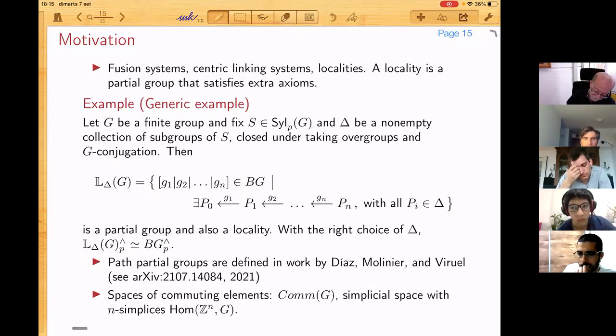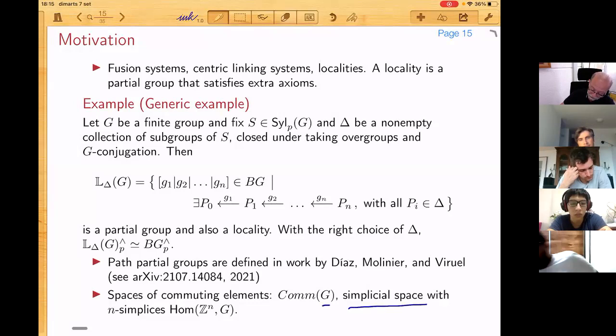Well, you can also define a partial group with spaces of commuting elements. For a group G, you can define the simplicial space where the n-simplices are the homomorphisms from Z^n to G. Taking all together for every n, you build a simplicial set, and this will indeed be a partial group, right?